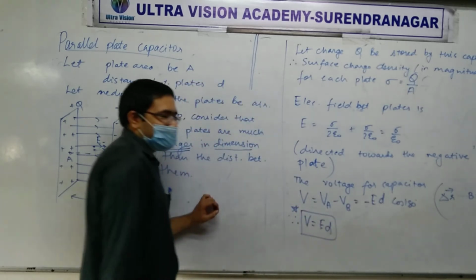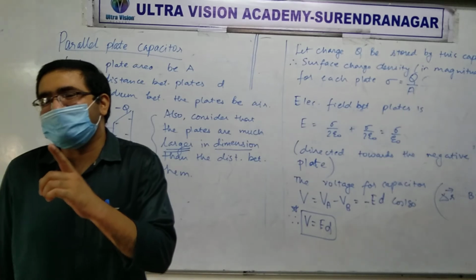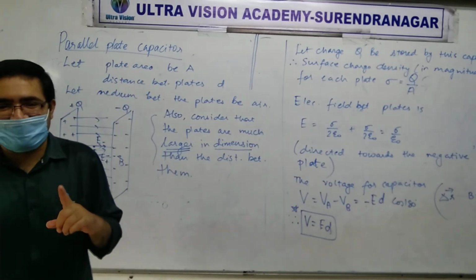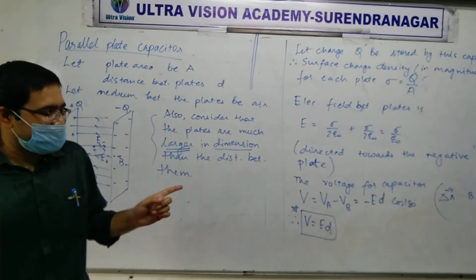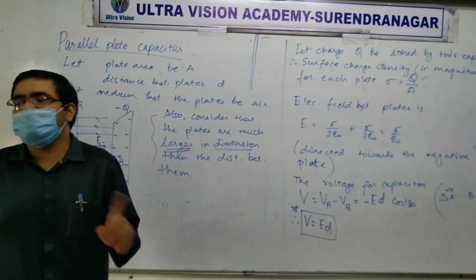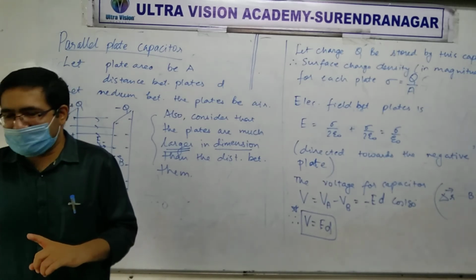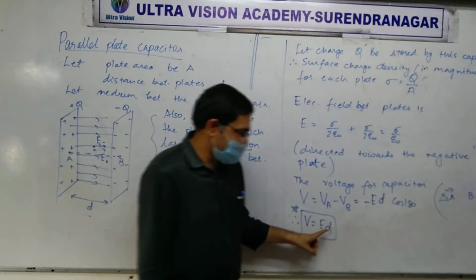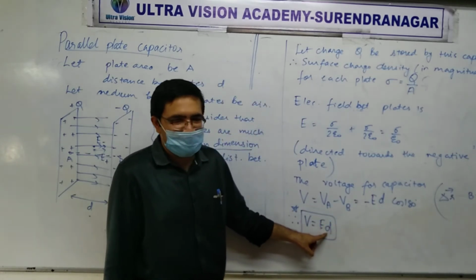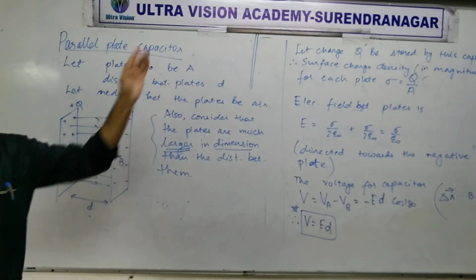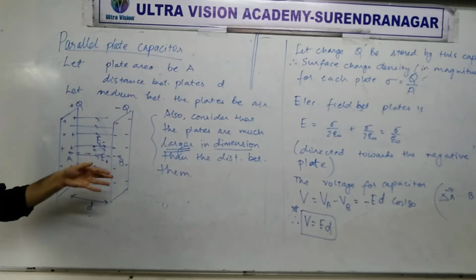Very useful shortcut, but only for a capacitor. If you use it elsewhere, you will get a wrong answer. V equal to E into D is only useful for a capacitor. Do not use it anywhere else. If someone asks for the voltage of the capacitor, you can say electric field into D. Which capacitor? Only a parallel plate capacitor, because here the field is uniform.